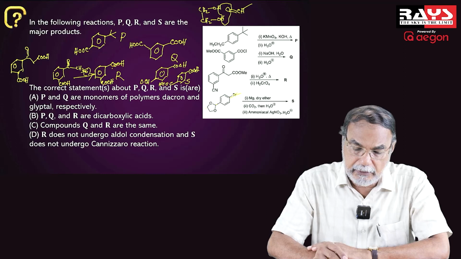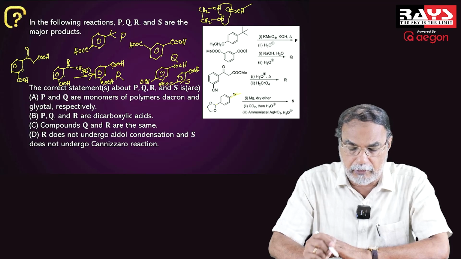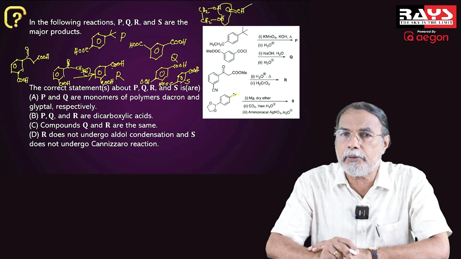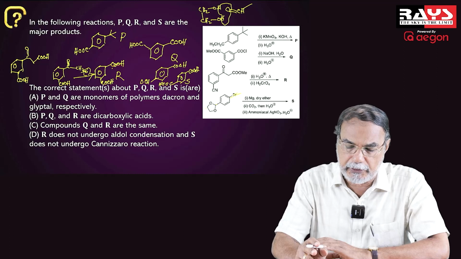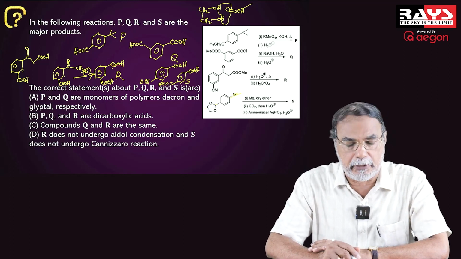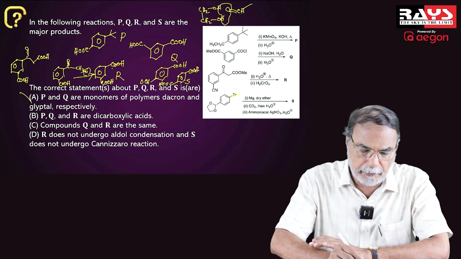So P has nothing to do with terephthalic acid. P is not terephthalic acid, so it is not the monomer of Dacron. And glyptal is prepared from phthalic acid, benzene 1,2-dicarboxylic acid, and therefore Q is not the monomer of glyptal. So the first statement is wrong.